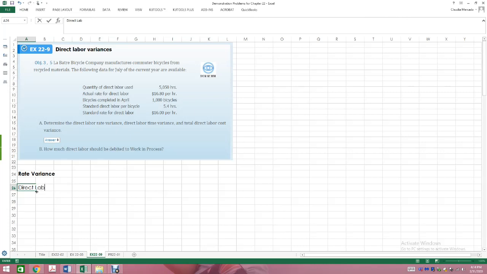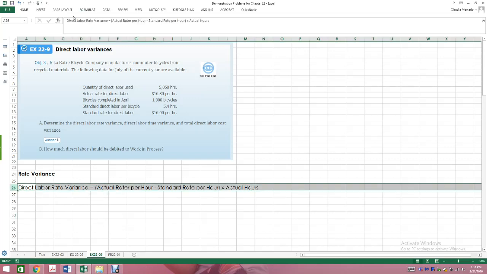Our direct labor rate variance equals our actual rate per hour minus our standard rate per hour, times our actual hours.